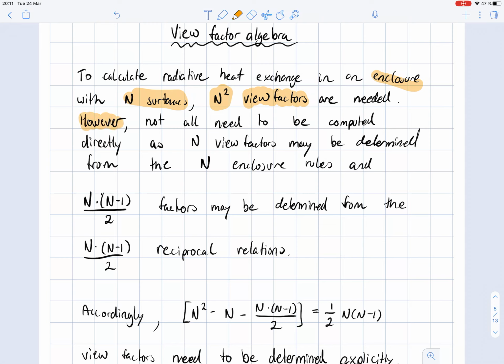However, thankfully, we don't have to calculate all of them, because we can determine n view factors from the n enclosure rules. Furthermore, we can determine n times (n minus 1) divided by 2 from the corresponding n times (n minus 1) divided by 2 reciprocal relations.